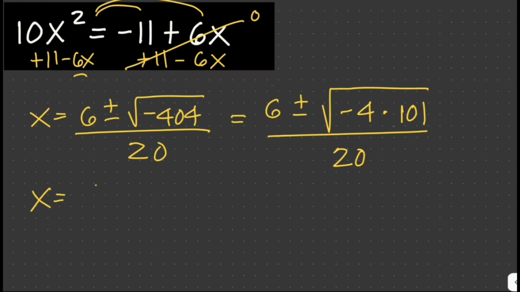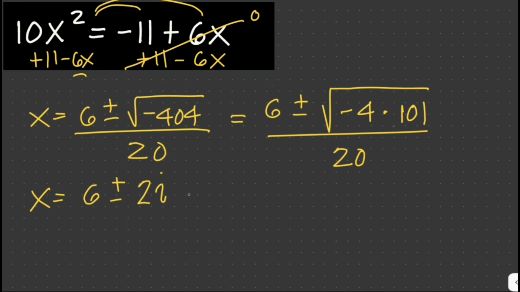So this is just 6 plus minus, since the square root of negative 1 is just equal to i, 2i square root of 101 over 20.